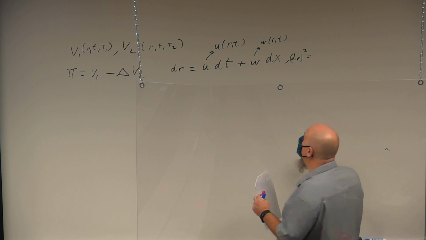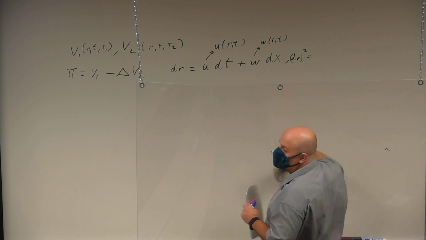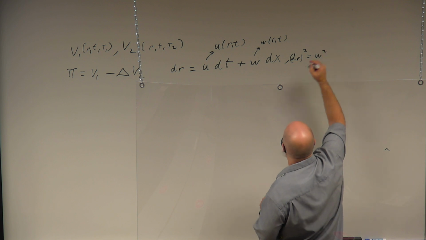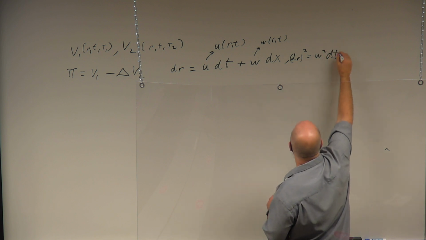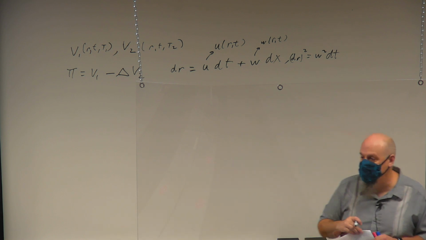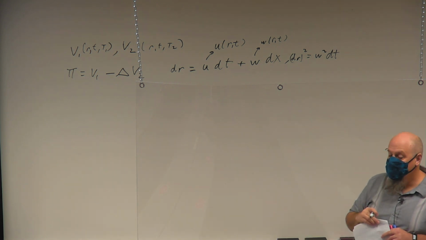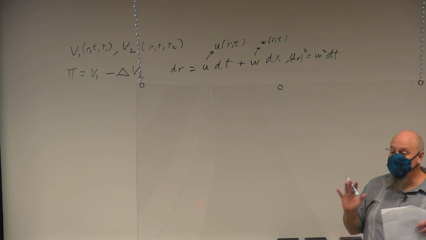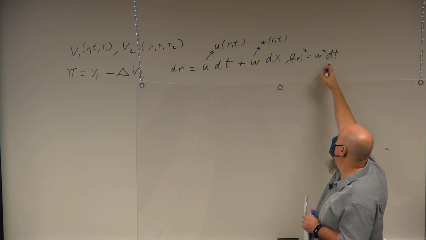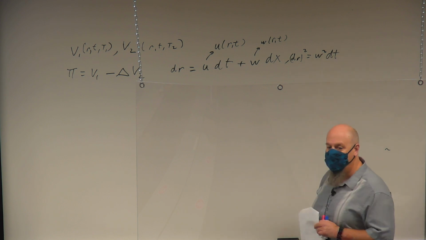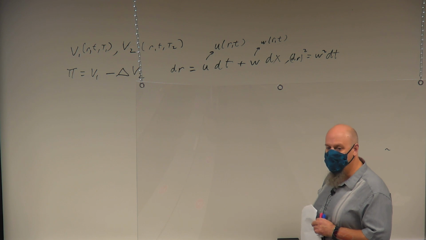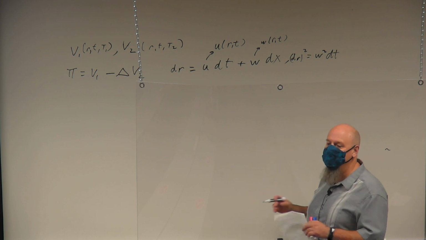The only thing that survives, that isn't too small, is w squared dX squared, and dX squared is dt. Why? We're assuming quadratic variation. So it's just like we did with the dS, where this was sigma squared. But remember, w could be a function of the interest rates and time. So w squared is just that function squared.